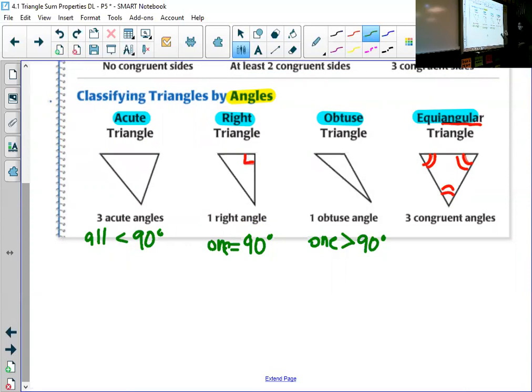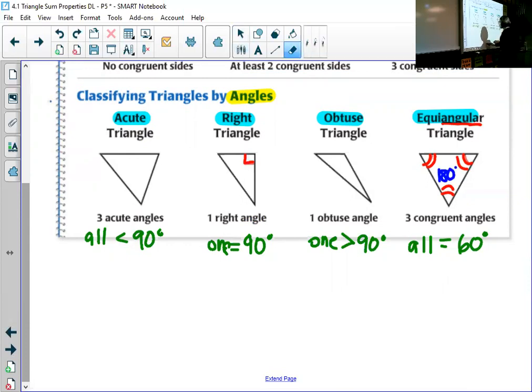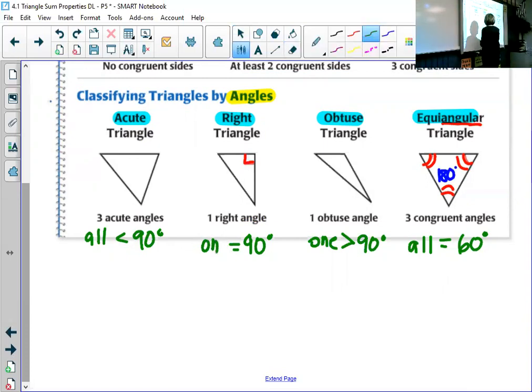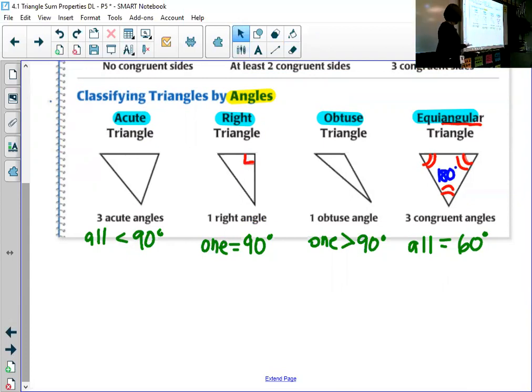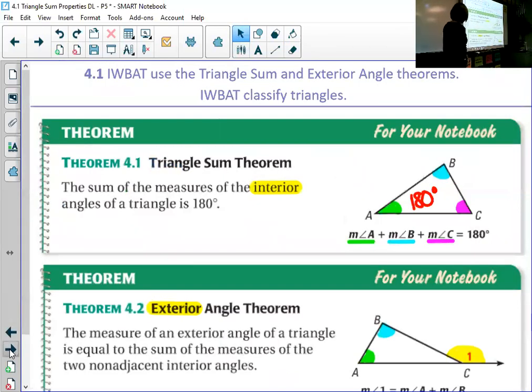So if all of these together equal 180 degrees, and you have 3 of them that are equal, all of them are going to equal 60 degrees, because 60 plus 60 plus 60 is your 180. So that is something that will help you in solving some of the homework problems that you'll see. All right, let's go back to this.